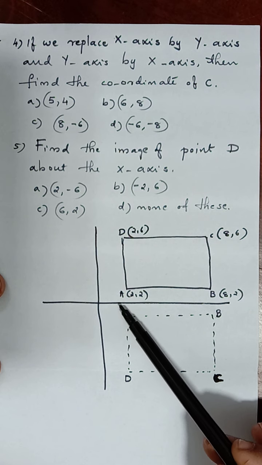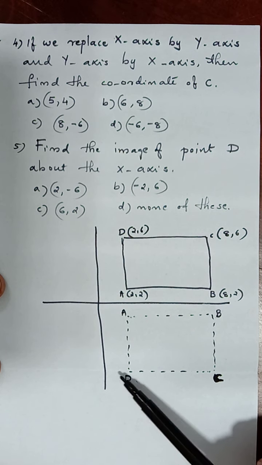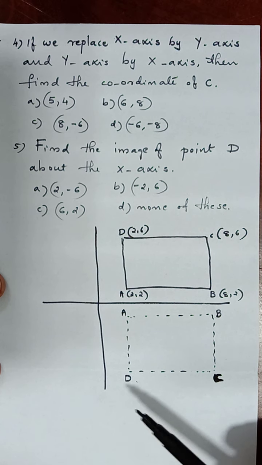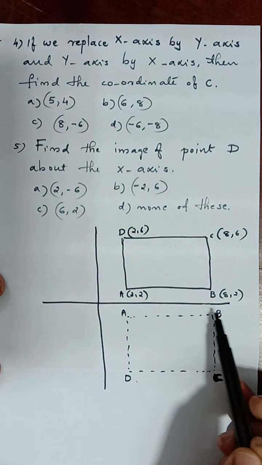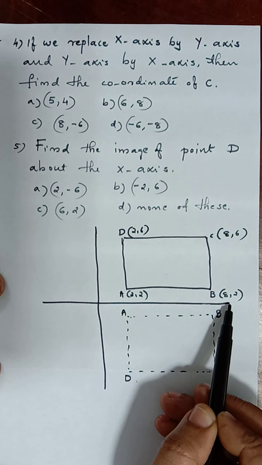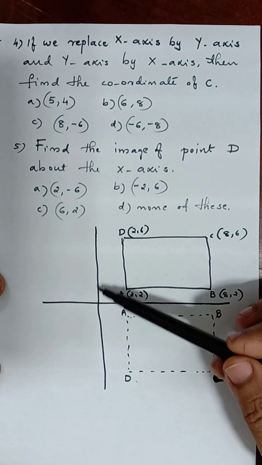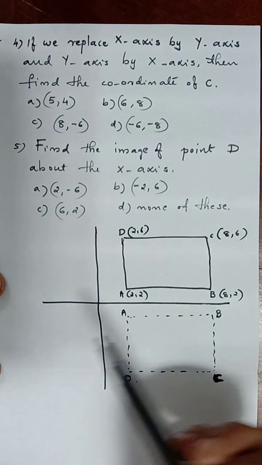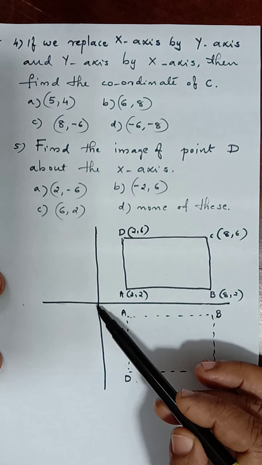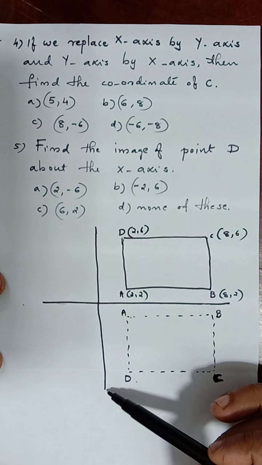It will come as 2, -6. Here the values are negative. I told you the numbers are not marked on this. We know all positive values come on the right side of the x-axis and also the upper part of the y-axis. Whereas negative values come on the left side of the x-axis and also the lower part of the y-axis.